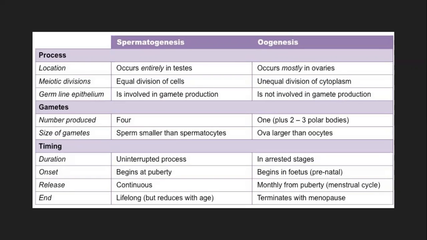So, like you said, around 1 or 2 million oogonia it forms, and they are just there, and in the diplotene phase they are stopped. So when the girl grows up, afterwards, do those same oogonia one by one convert into ova, or are more oogonia created afterwards?